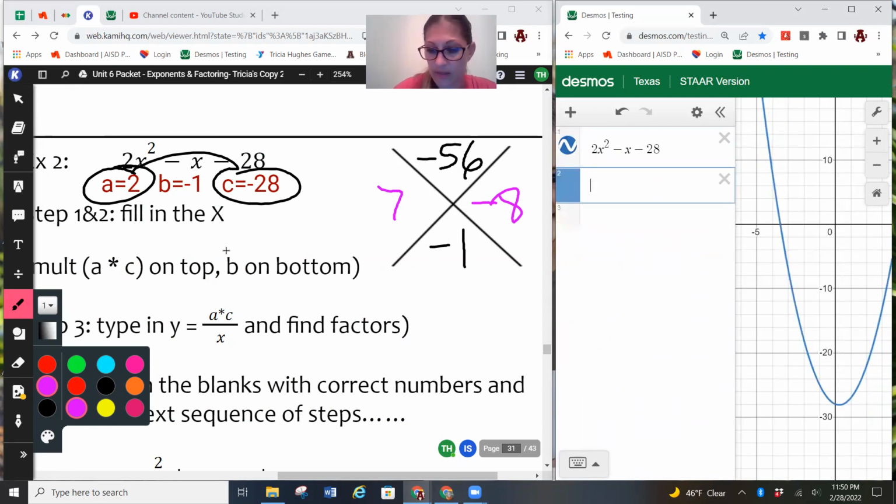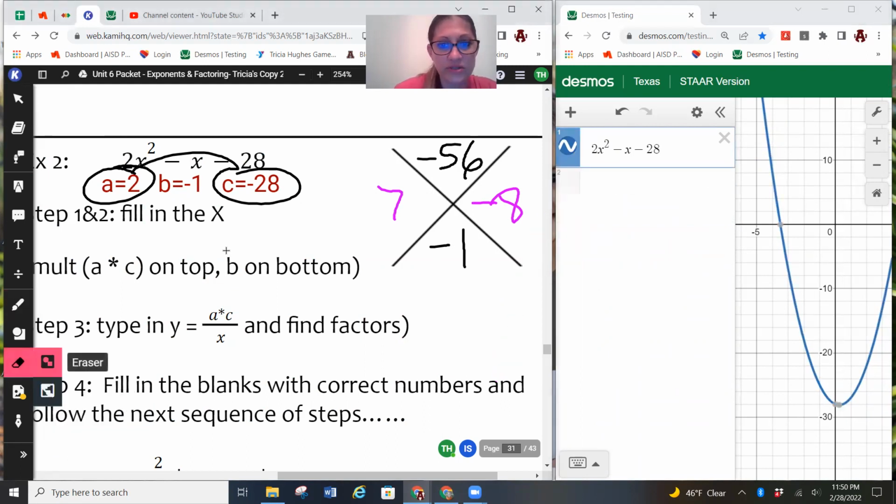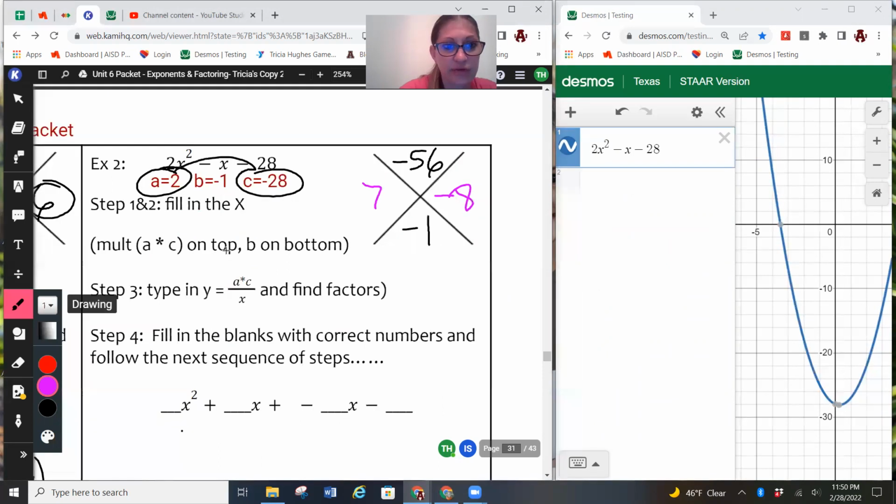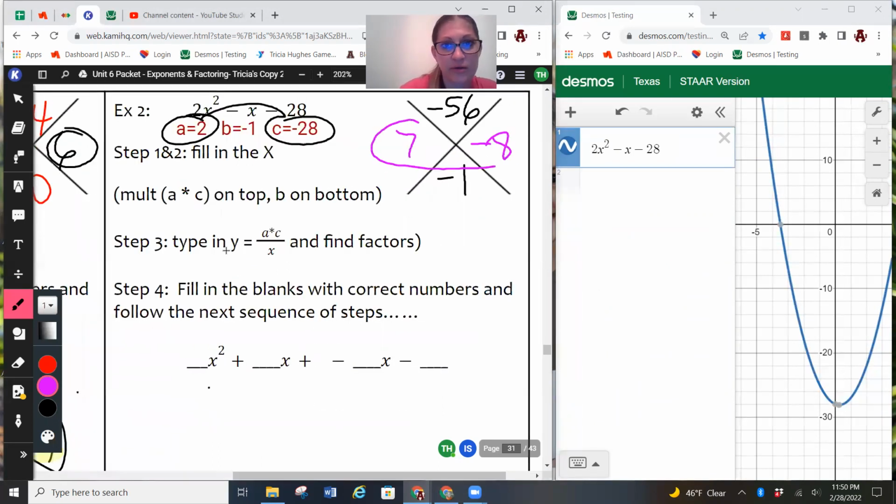And you can prove that 7 plus negative 8 is equal to negative 1. All right. Once you get your x filled out, take what we wrote in purple and put it inside of your parentheses. Put it back with x's.